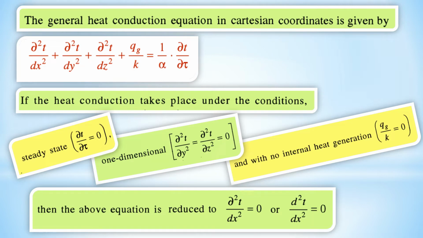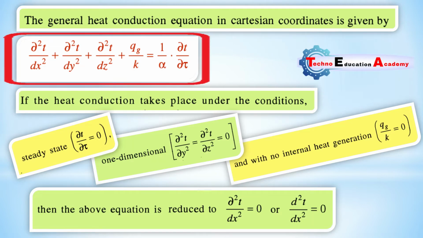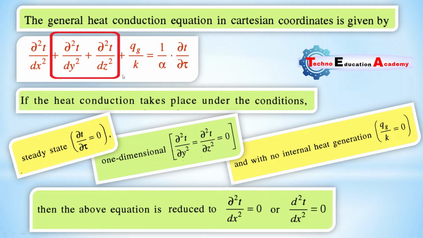Now we will apply the general heat conduction equation, the Cartesian coordinate equation, for this wall. Here we are considering only the heat transfer in x direction, so the remaining directions y and z we are neglecting because we are considering only one dimension.